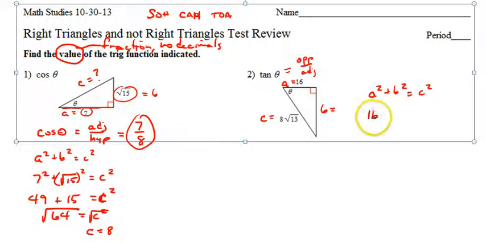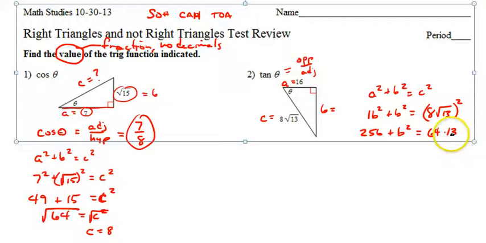A squared is 16 squared plus b squared equals 8 times the square root of 13 quantity squared. If you put that in your calculator, you better put parentheses around it, otherwise it's not going to give you the right answer. 16 squared is 256 plus b squared equals 8 times 8 is 64, times square root of 13 times square root of 13 is 13.